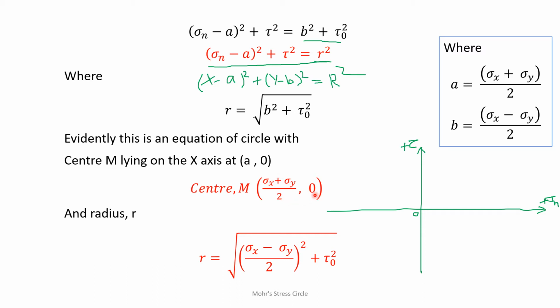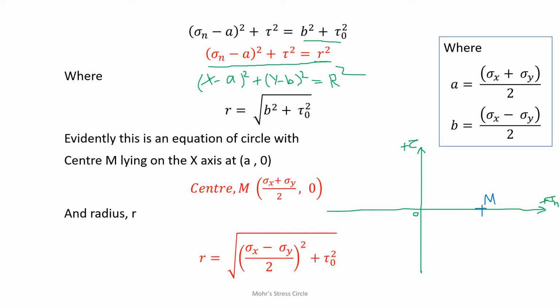This 0 means it will always be on the x-axis or abscissa, so M becomes somewhere here. This is the center position. We will calculate it like this.